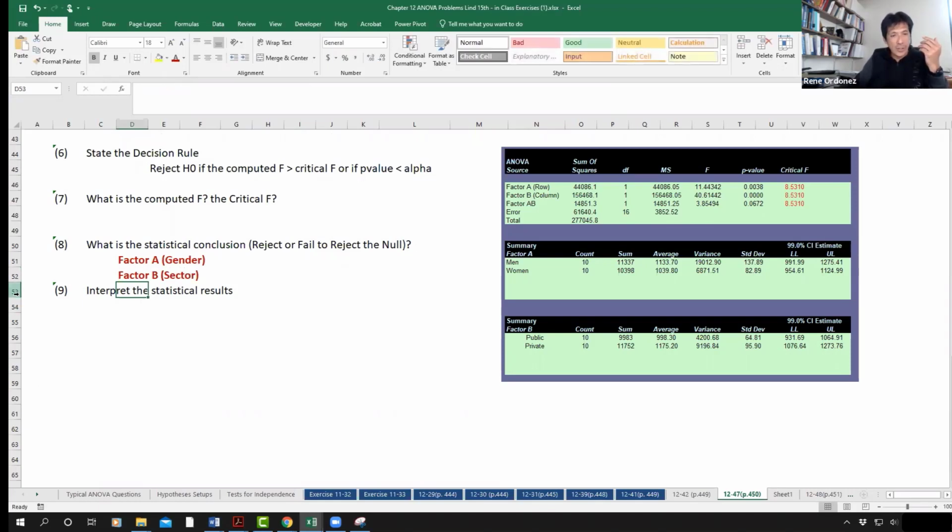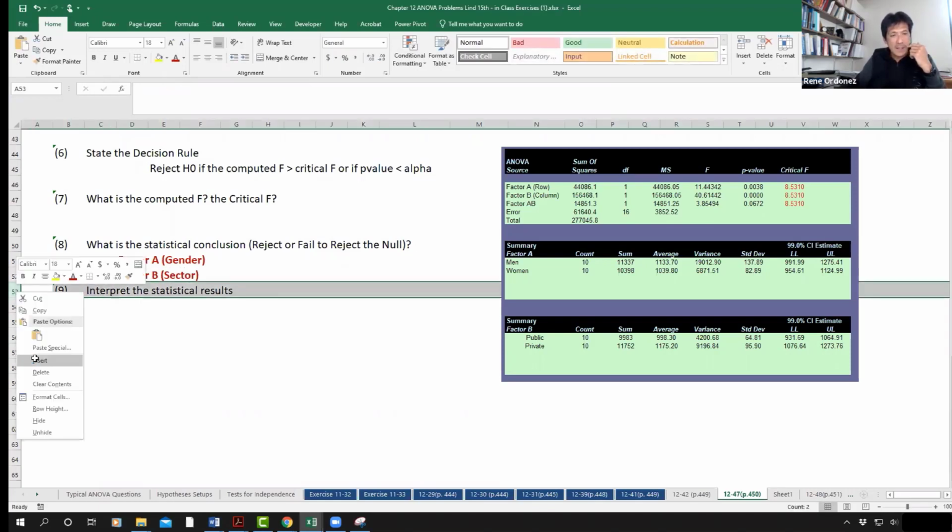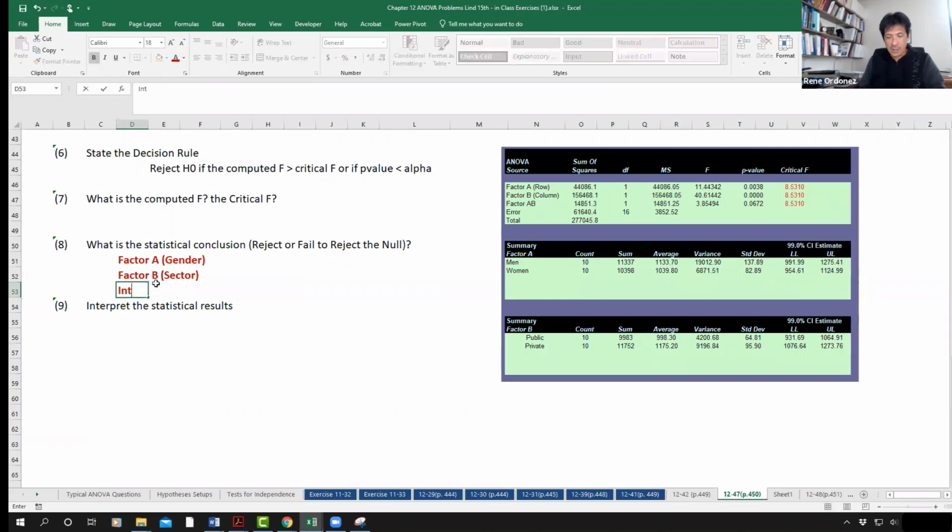And then for the third hypothesis, interaction. So let's just pick up the p-values associated with each of these three. What's the p-value for gender, the row?